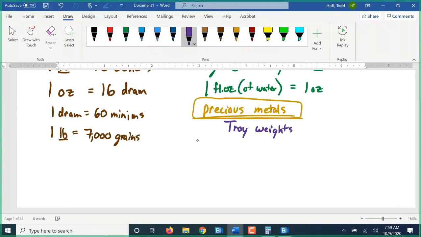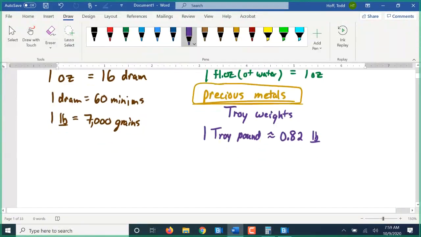In the Troy measuring system, 1 Troy pound is approximately 0.82 US pounds. So the Troy pound is slightly smaller than what we're used to as a pound.